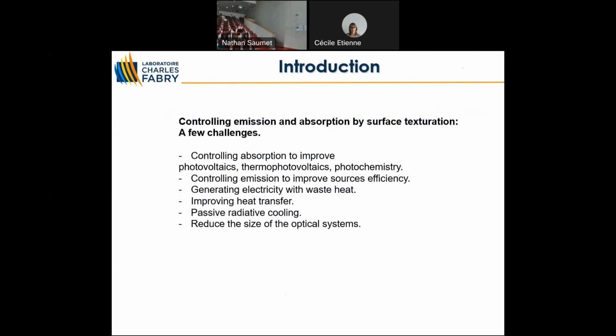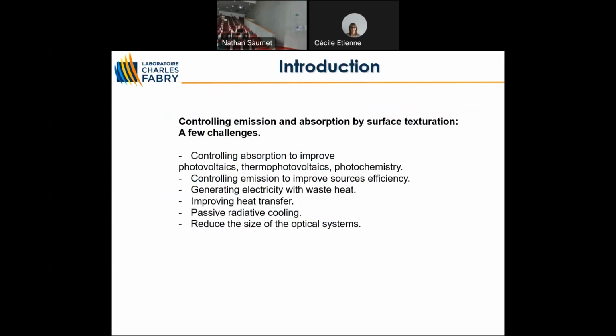When you think about energy, the first thing you think of is transformation of energy from one form to the other. And of course, you need to improve all those things. You can try to spend less energy. That's the efficiency of the sources that you are using. So this is about collecting energy. This is about transforming energy.